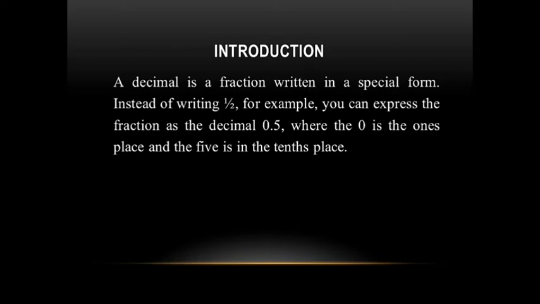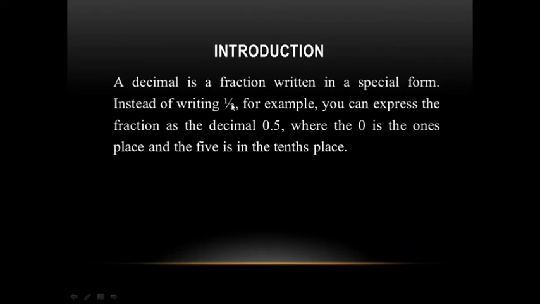So we know that what is a fraction? Fraction is a part of a whole. So in the same way, decimal is also a part of a whole. So here one example is given, that is 1 by 2, and it is in the form of fraction.